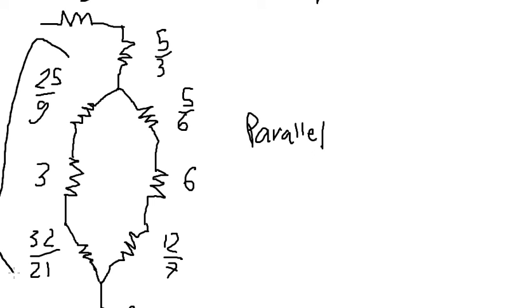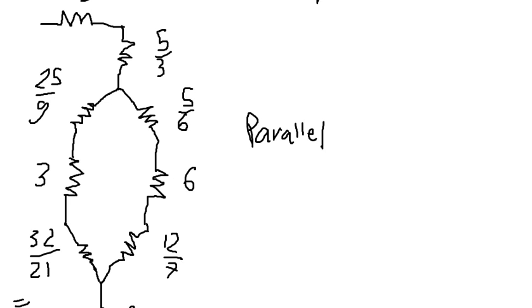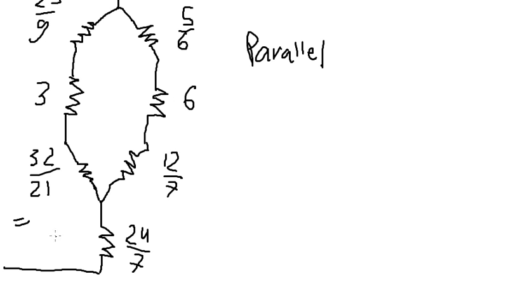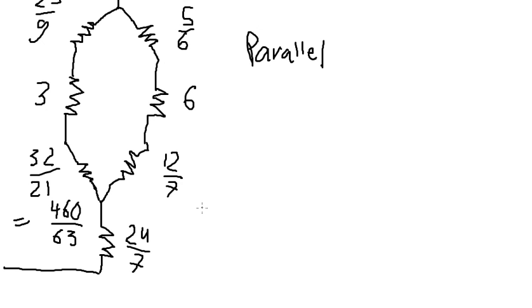Now the sum of 3 numbers in here is 460 over 63. The sum of 3 numbers in here is 359 over 42.